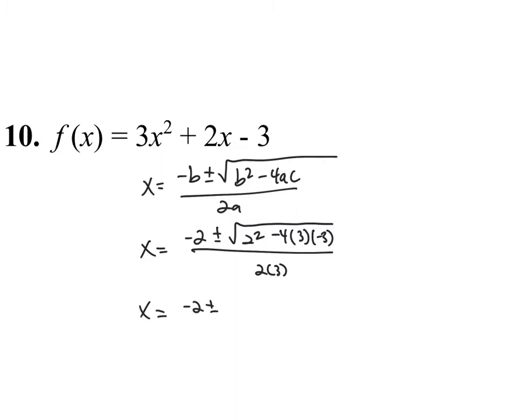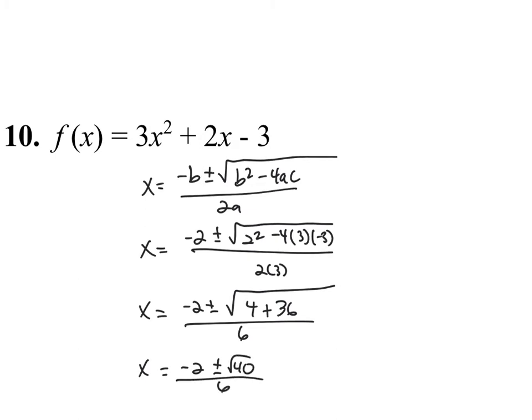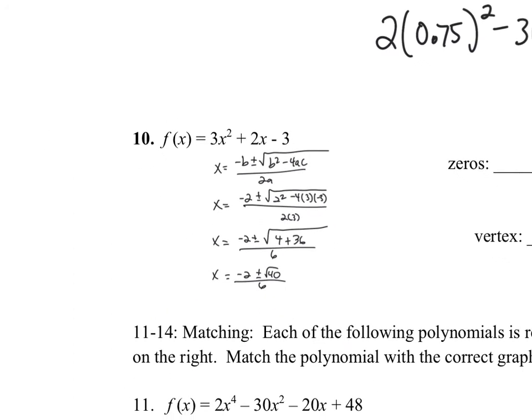So negative 2 plus or minus the square root of 4 plus 4 times 3 is 12. 12 times 3 is 36, so 4 plus 36, all over 6. So we get negative 2 plus or minus the square root of 40 over 6. All right, so this would be our exact answers.